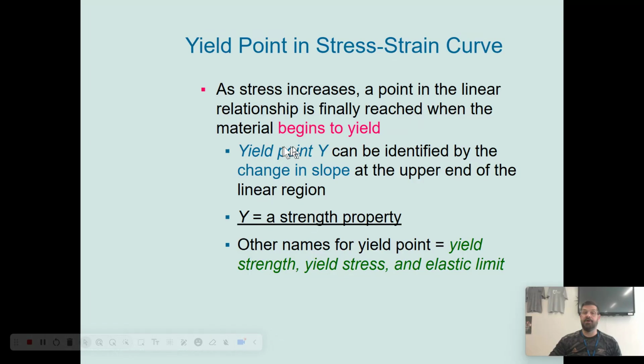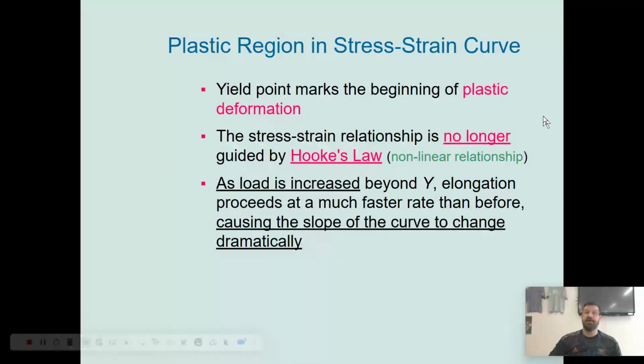Okay, yield point Y, it's just a way of saying what's the yield point, and it's important for every material because if you're designing something, you need to know how much force it can withstand before it permanently changes shape. It's super important when you think about anything metal that you're designing. What is the yield point? What's the yield strength of that material?